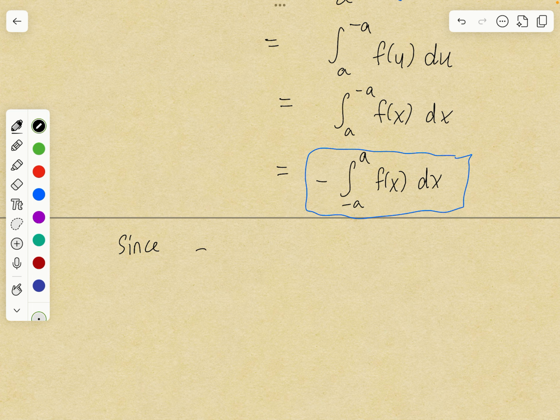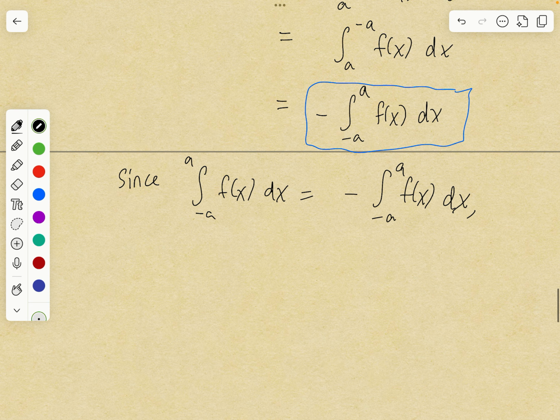So since the integral from negative a to a is equal to minus itself, what is the only number that is equal to minus itself? 0, right?